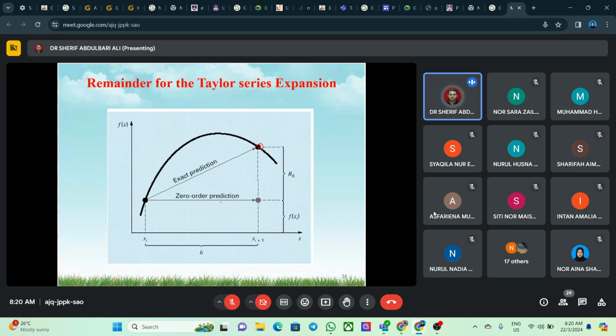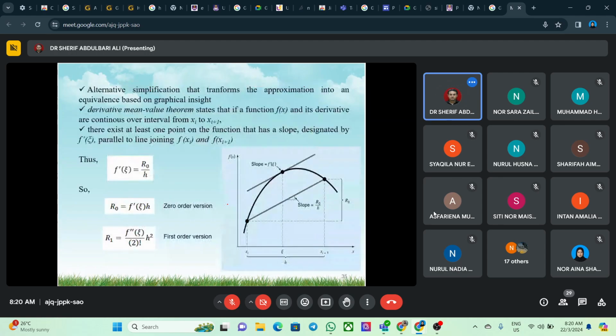If you take into account the zero order, you are going to get this value. And the difference between the zero order and the value of the function itself is considered the remainder, because it doesn't take the other terms into account. If you take the second order, the third order, the fourth order, the fifth order, you are going to get the exact value. Okay.